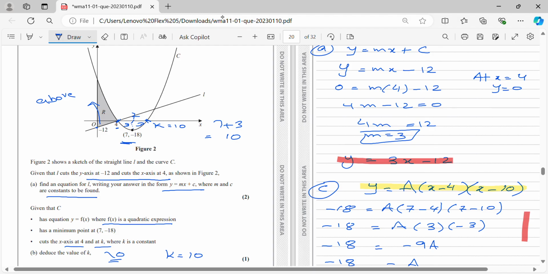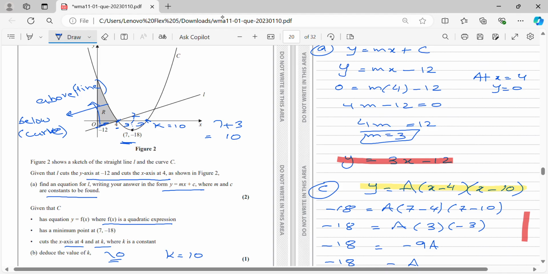And if you look at the curve, the region is shaded below the curve. So above the line and below the curve. You need to write a common region, and this region is shaded here, this part as well.